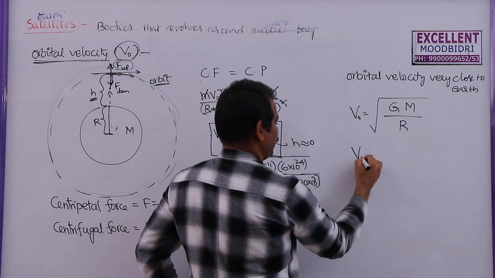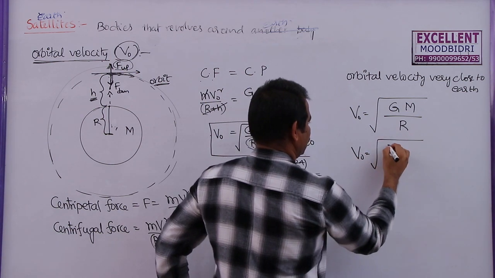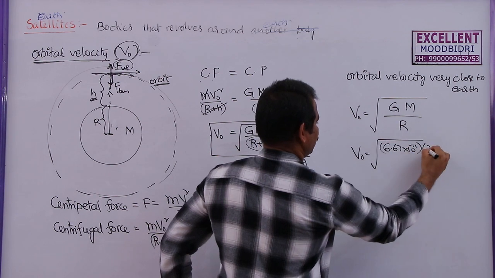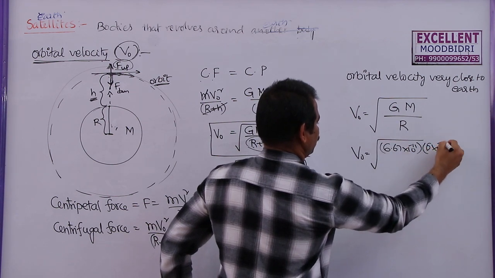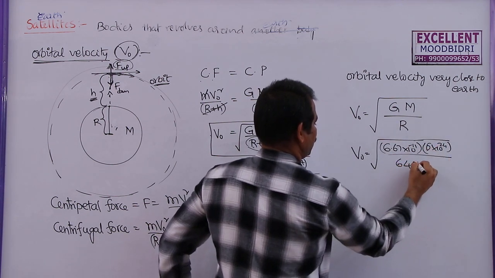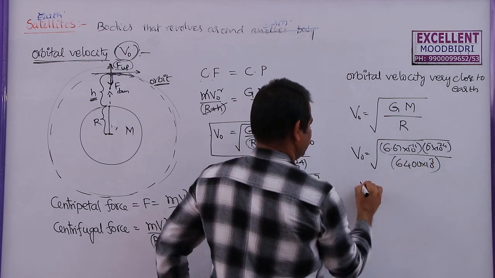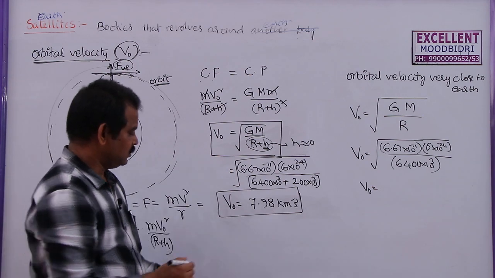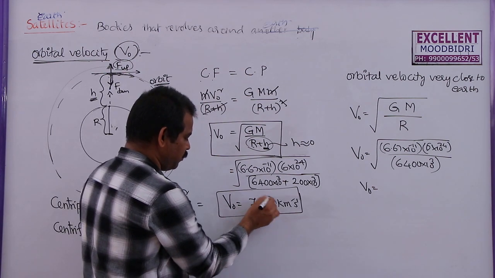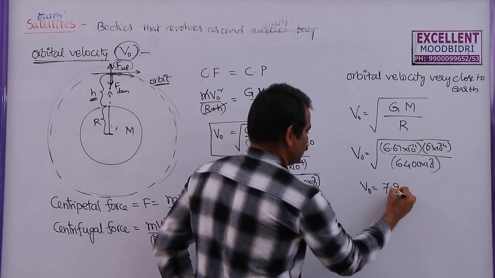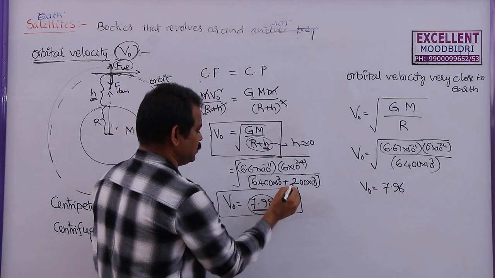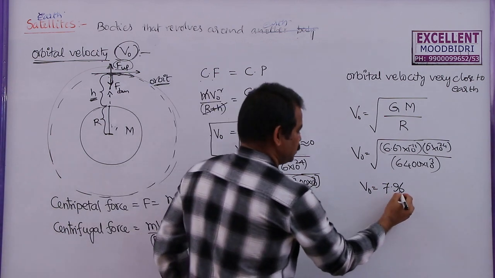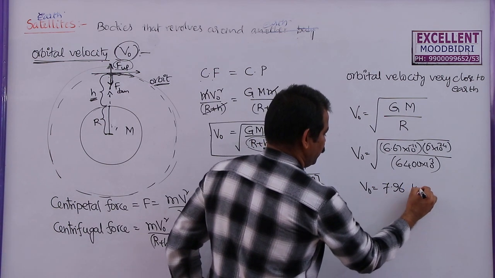Then if you substitute these values, G 6.67 into 10 power minus 11, 6 into 10 power 24 by 6,400 kilometers, finally you will get the orbital velocity. This is around 7.98 or maybe 8. This will be 7.96. Very small value, because this 200 kilometers is very small. It is in the denominator.